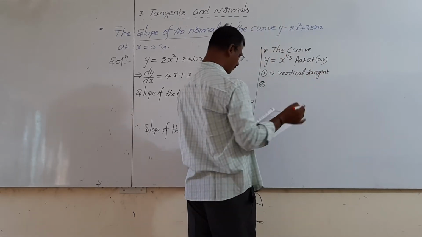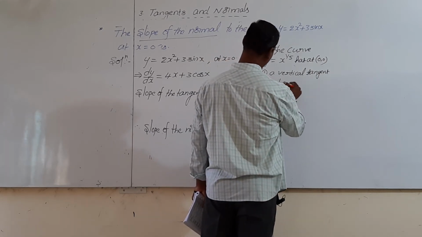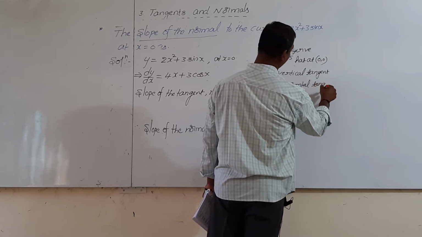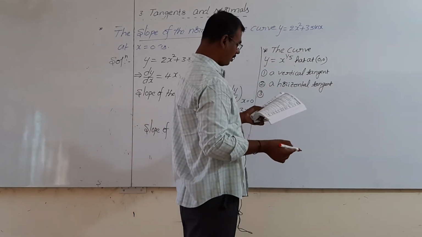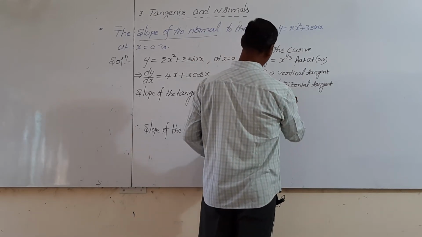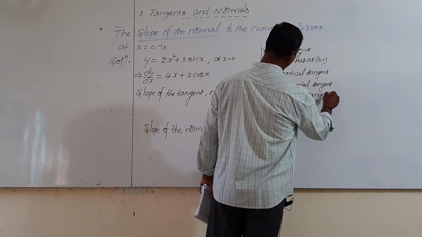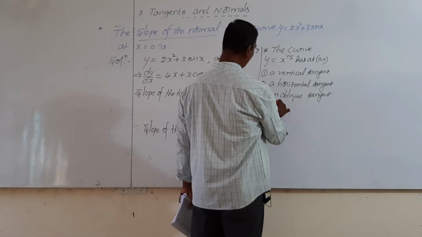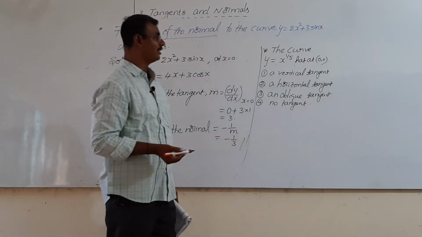Option 2, a horizontal tangent. Option 3, an oblique tangent. Next one, no tangent here. So which is the true condition?